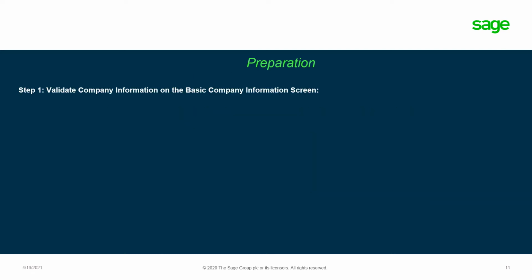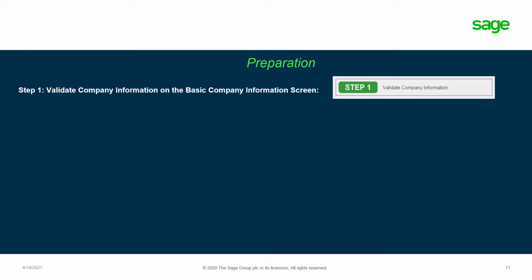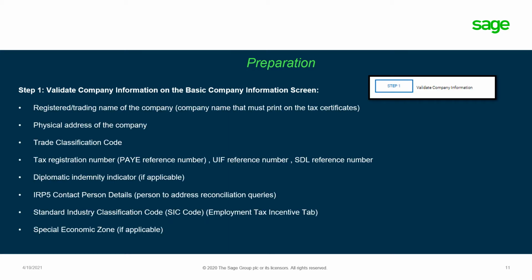Let's move to the preparation. Step 1 of the preparation phase will be to validate company information on the basic company information screen. This will include registered or trade name of the company, the physical address of the company, trade classification code, tax registration number.